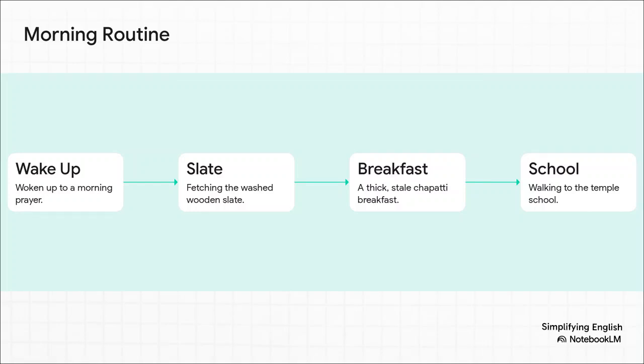She was really hoping he'd learn it by heart by just listening to it. Then she'd fetch his wooden slate, which she'd already washed and plastered with yellow chalk, tie his tiny earthen ink pot and red pen into a little bundle, and hand the whole shebang over to him. After a quick breakfast of a thick, stale chapati with a little butter and sugar, they'd walk to the temple school together. Her entire life really revolved around taking care of him and her unwavering faith.